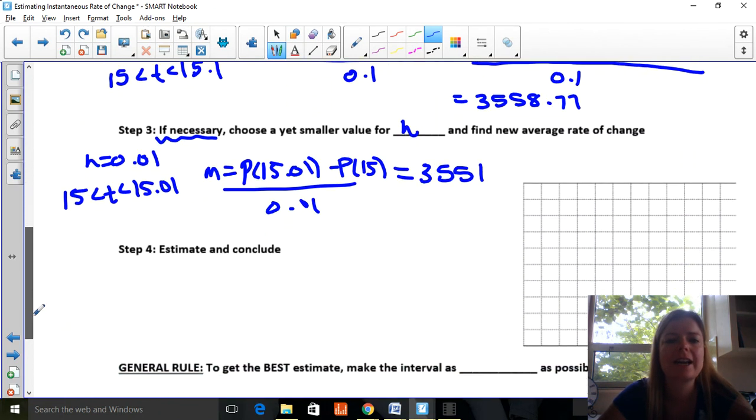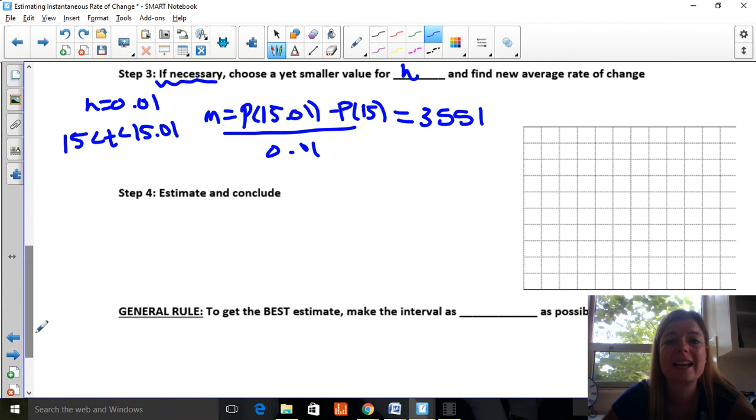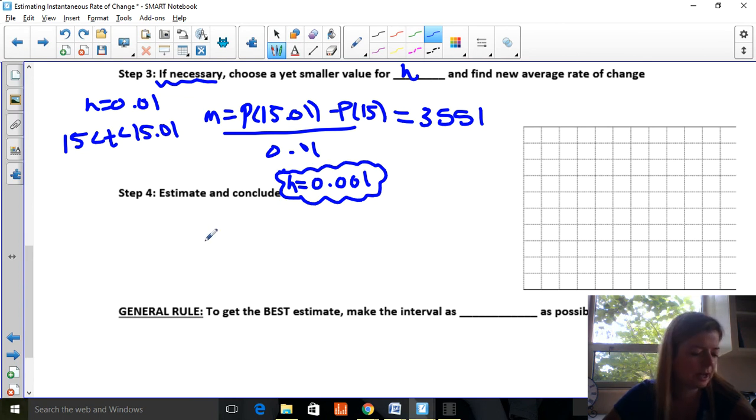So in this case, I would say that you need a still smaller value for h to show that it is actually approaching 3551. So I would still do h equals 0.01. I would ask you to try that and see what you get. Either way, you should get the same as the first method, your estimate here.